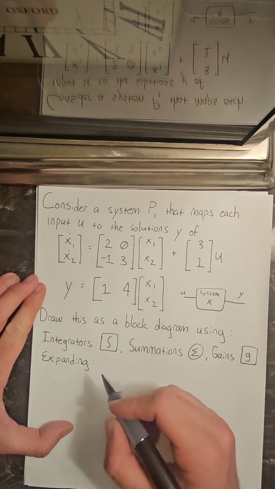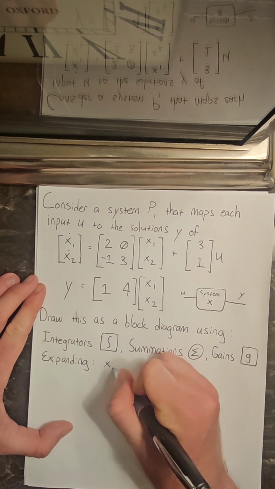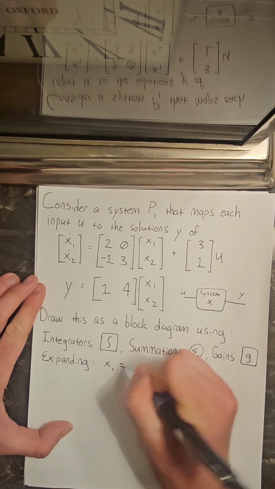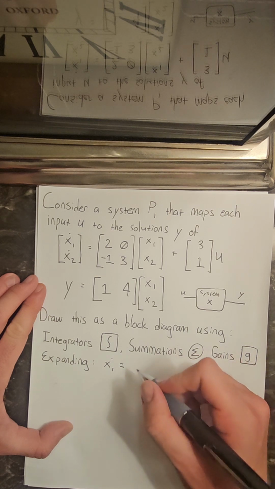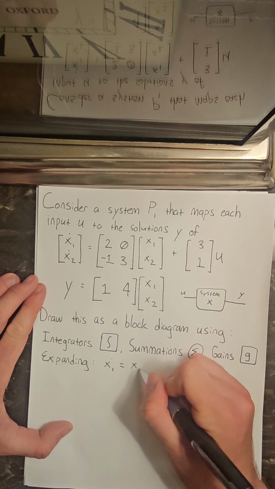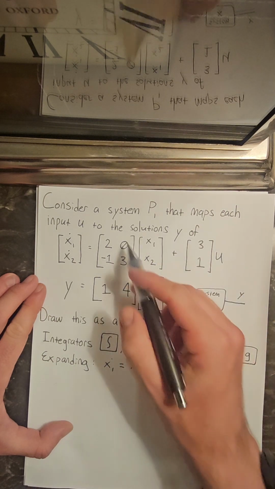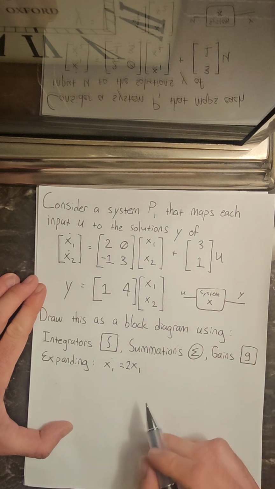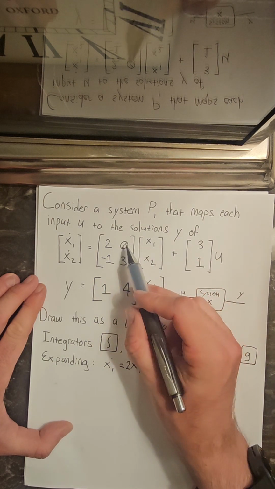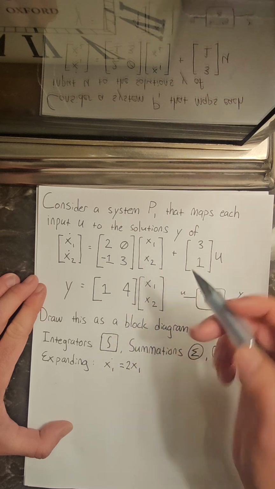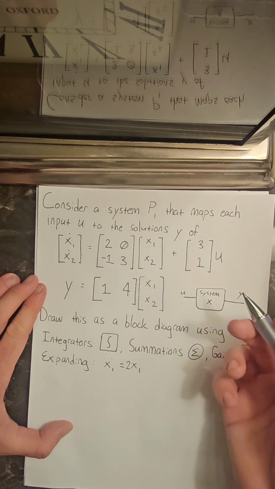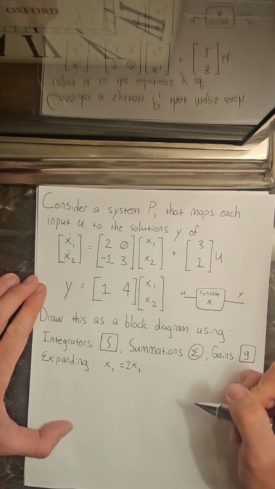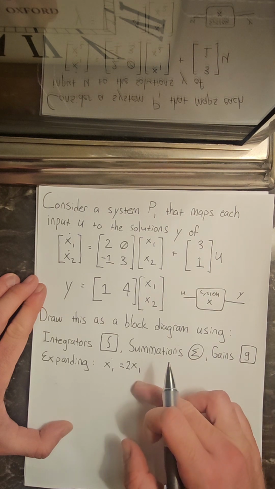This comes out to x1 dot equals 2 times x1 plus 0 times x2. We don't have to write the 0 times x2, but that's our first equation.